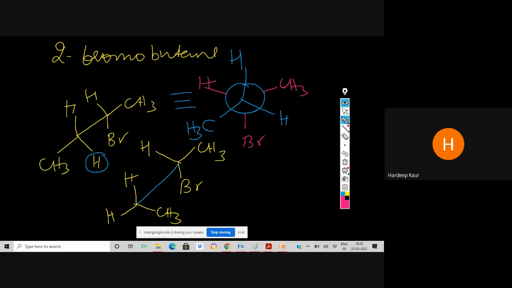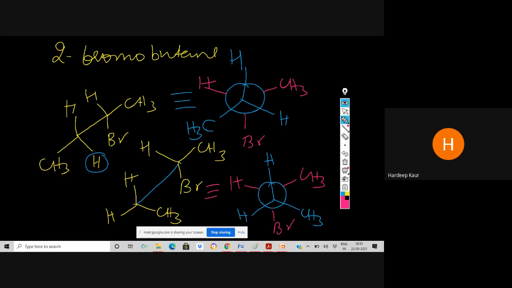So this is one conformation. Let us draw this one also. Here the front carbon has methyl on this side, H, and bromo is again here. Here we have the methyl and H.